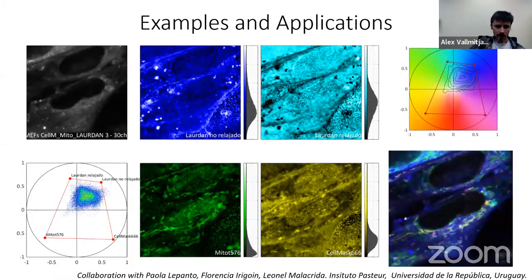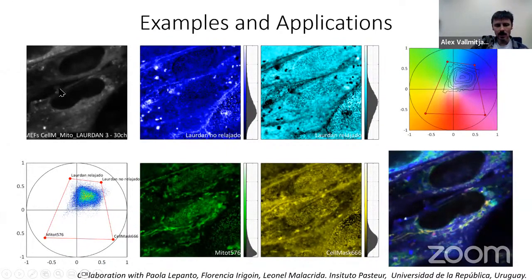And a very similar experiment, I think this is data that Lionel may have shown to you in the previous talk. This is work in collaboration with the group here in Uruguay, in which they were labeling Laurdan, which is a single dye, but it's actually 2 components corresponding to the relaxed and non-relaxed. And then there were 2 other components, and the same idea.